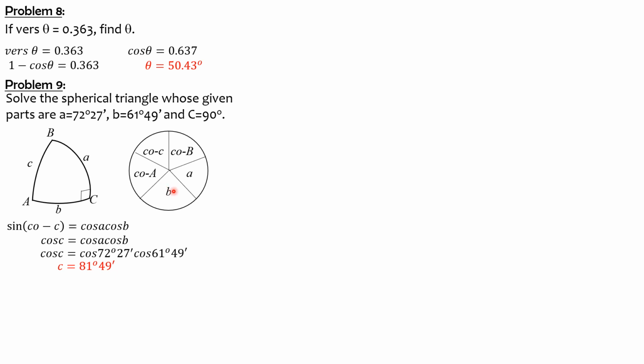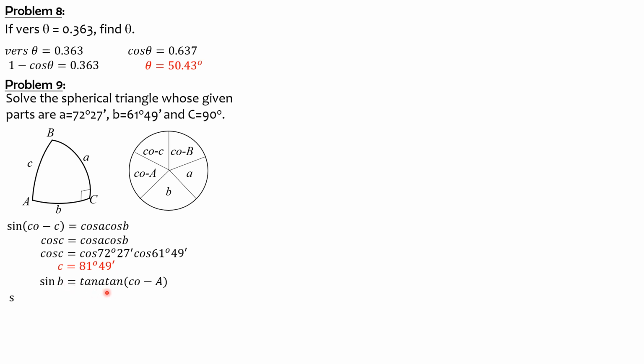Sine of B is equal to tangent of A times tangent of the complement of A. Or these three adjacent elements: sine of A equals tangent of B times tangent of the complement of B. So I use sine of B equals the sin tan ad rule, tangent of A times tangent of complement of A. Tangent of complement of A is cotangent of A, and cotangent of A is 1 over tangent A. Take note.